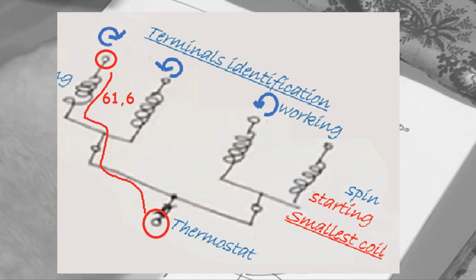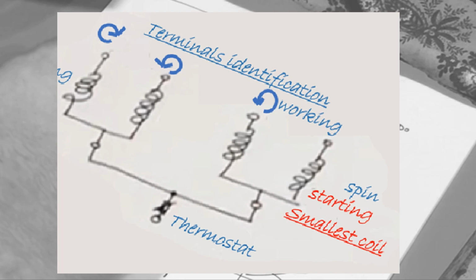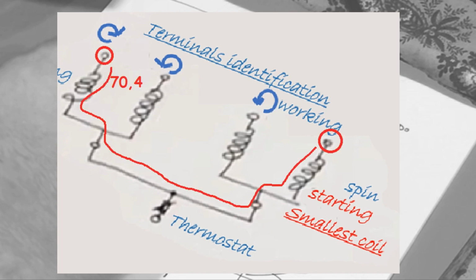This happens between one of the washing windings, and the same with the other washing winding. The value was 61.6 ohms.